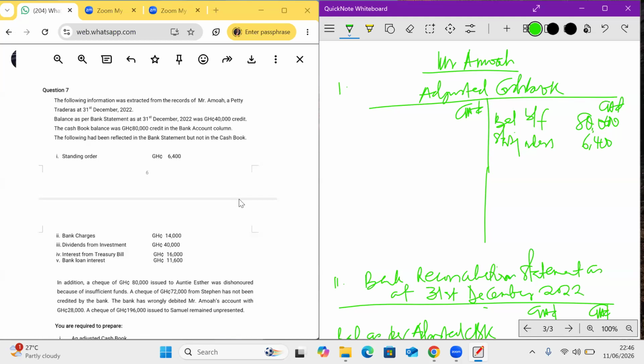Bank charges, 14,000. Where would you record it? Credit. I'm writing. Dividend. Debit.